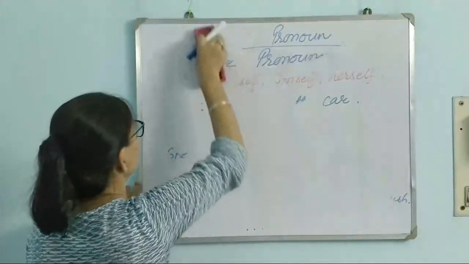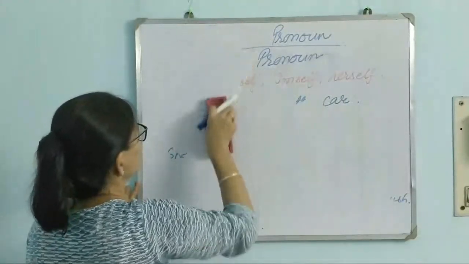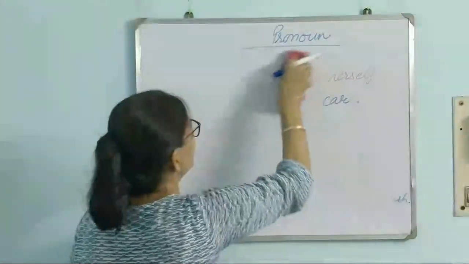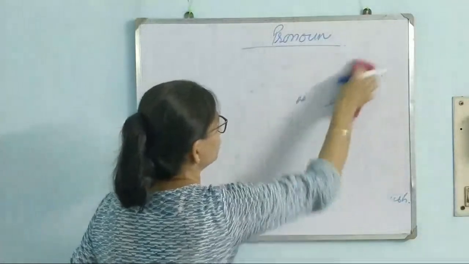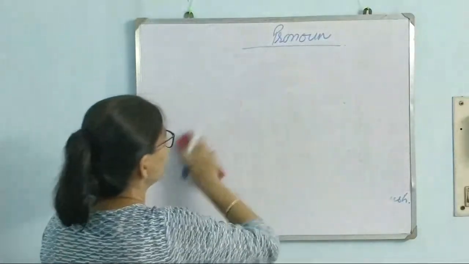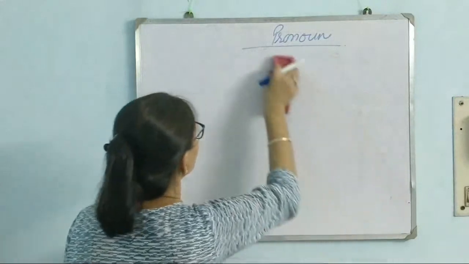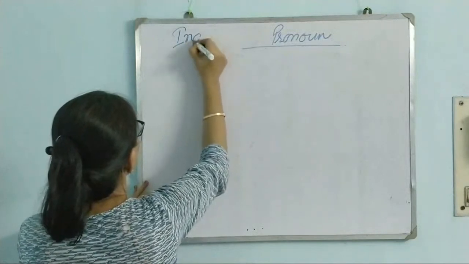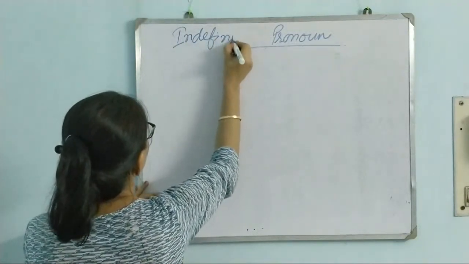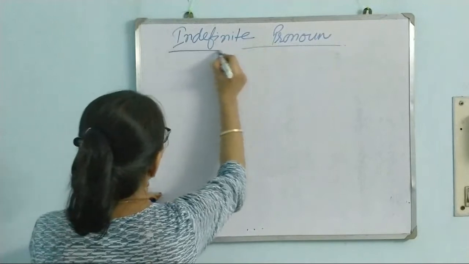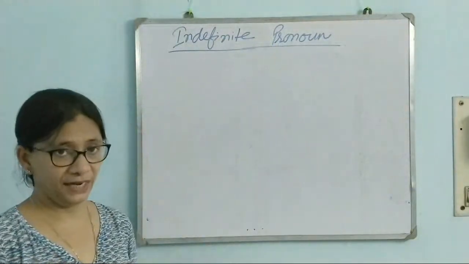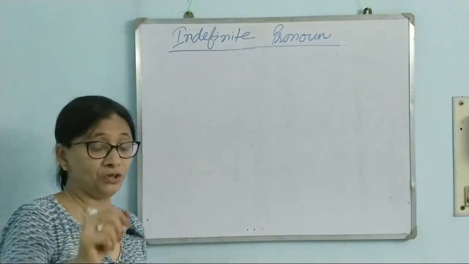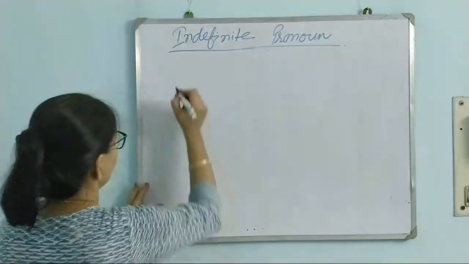We have done so far personal pronoun, demonstrative pronoun, emphatic pronoun and reflexive pronoun. And now we shall do the last pronoun for today, and that is the indefinite pronoun.